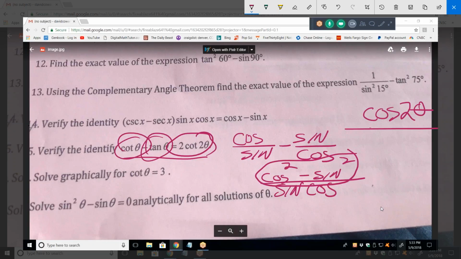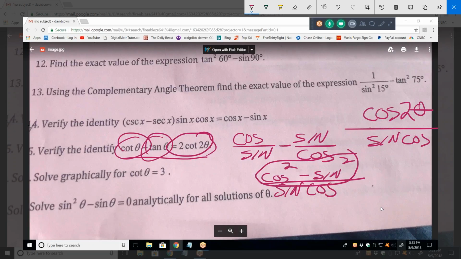Yeah, now I still got this denominator I got to worry about. How are we going to do this? And it's also 2 cotangent 2 theta for the other one. Well, that's what we're trying to prove, that it's equal to 2 cotangent of 2 theta.